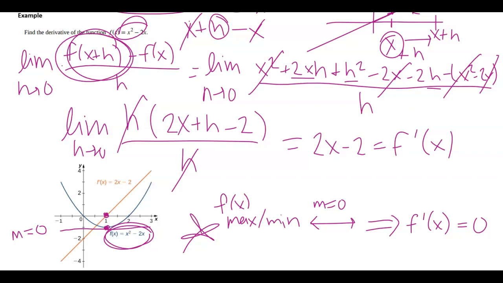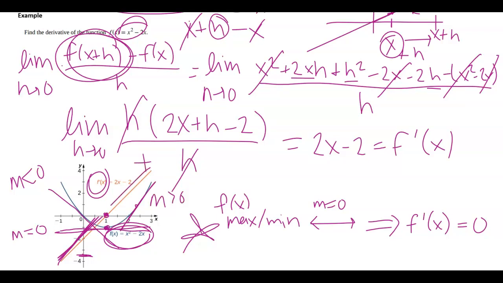Also, all tangent lines on this side would have a negative slope, and so notice that f prime outputs are negative values. Down here, I have my slope of 0. And then tangent lines on the other side would have positive slopes, and so notice f prime is positive over here.